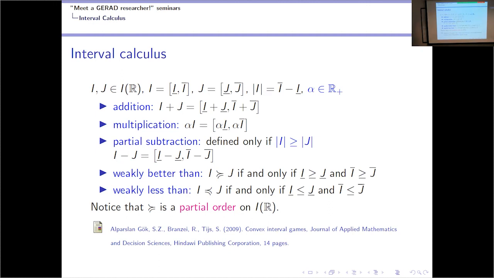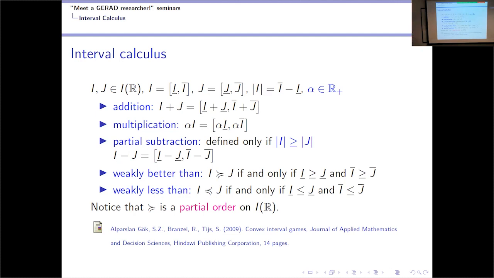Another important thing is the order relation, because ordering intervals is not an easy thing, actually. There are still some difficulties with it. So we choose intervals which are partially ordered, which makes a lot of sense. For example, to decide which interval gives more profit to the player, you should follow this way.